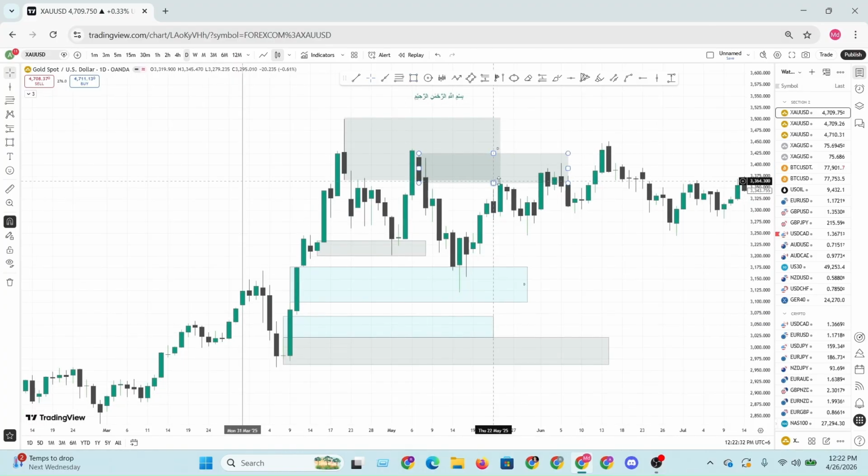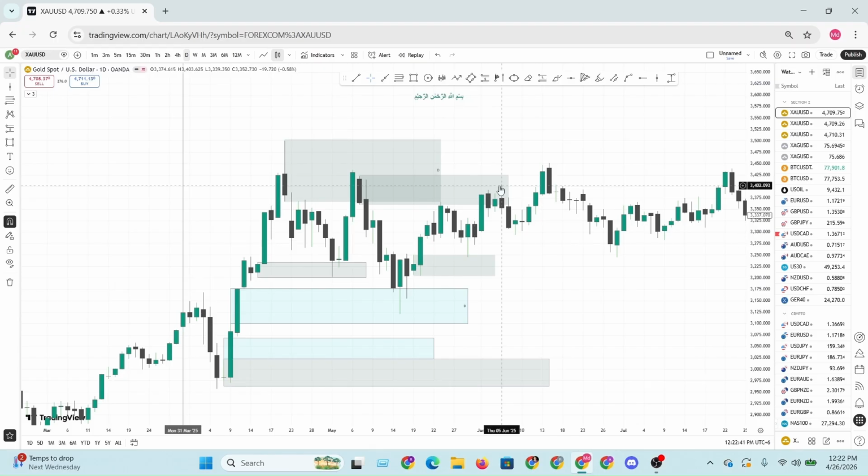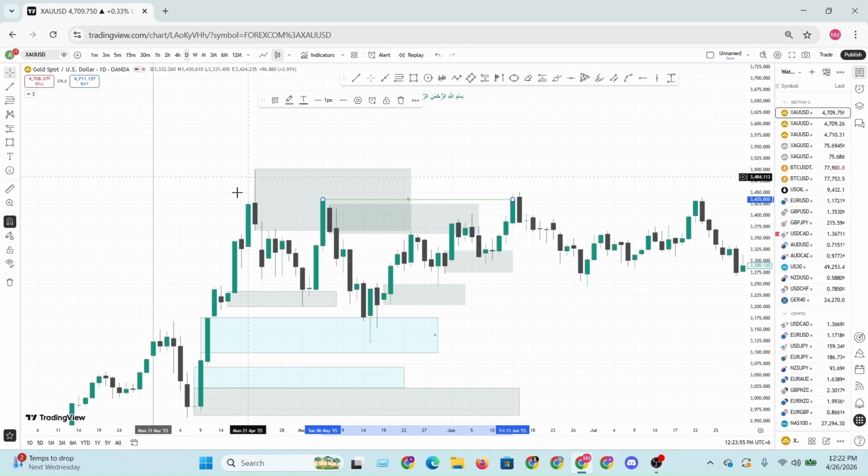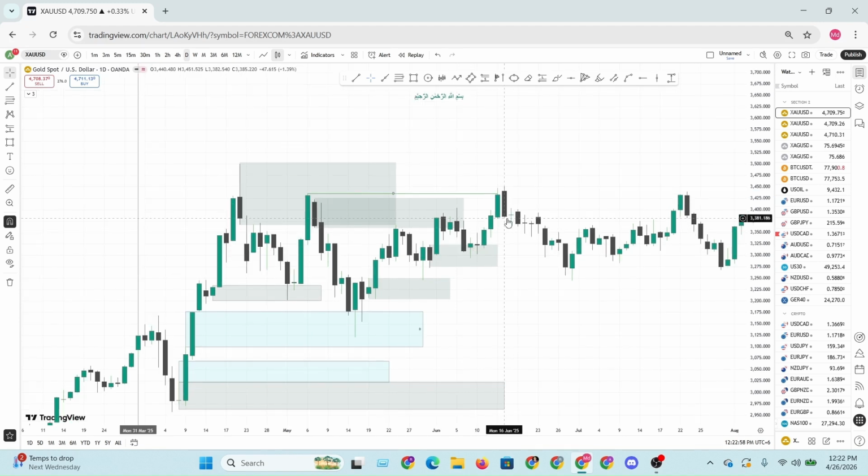Okay, this whole thing, see, gap and move to this POI, and this POI to again this POI, and again POI. Okay, then see, this is a high and there is no POI left. So what it does, it sweeps these levels and retraces.